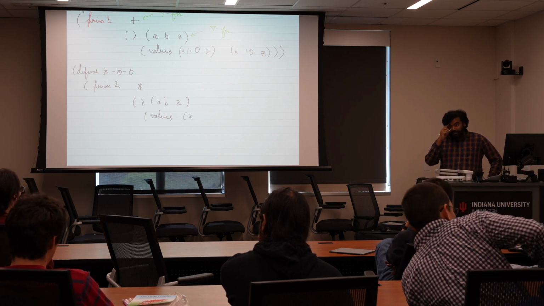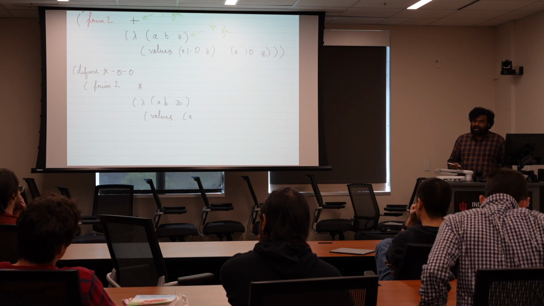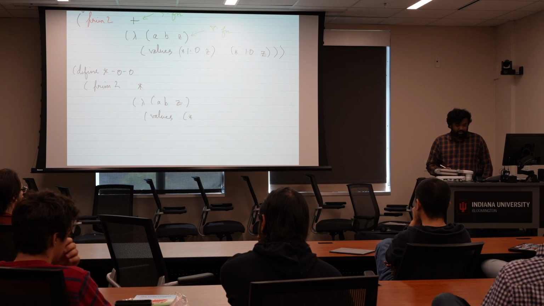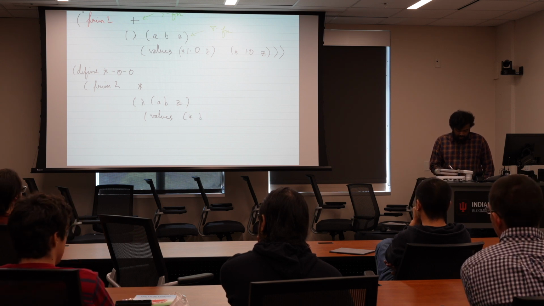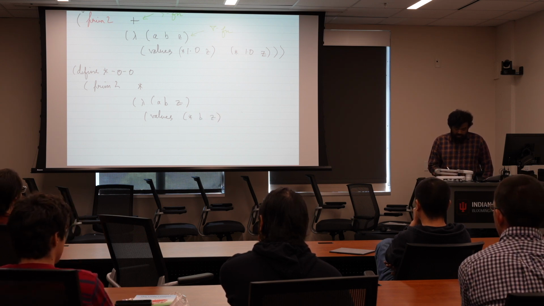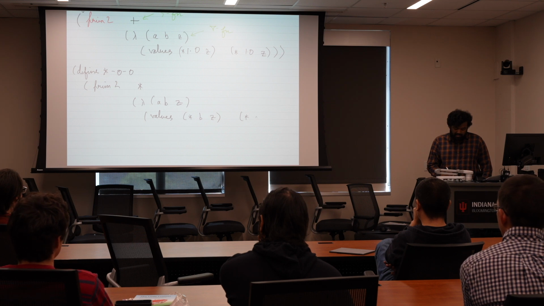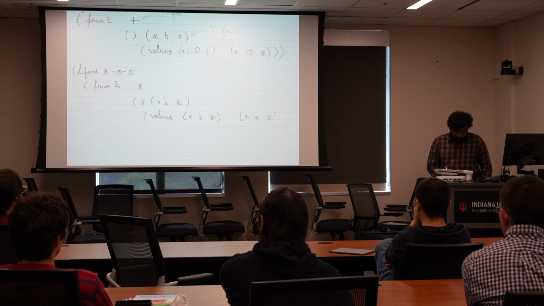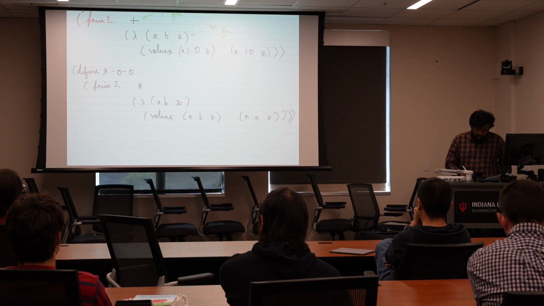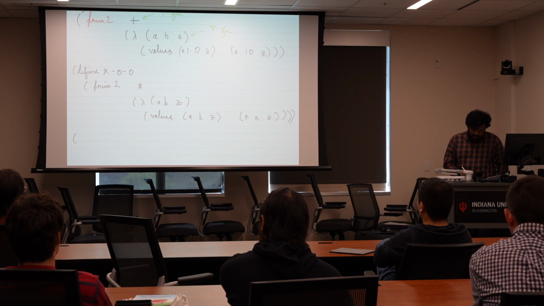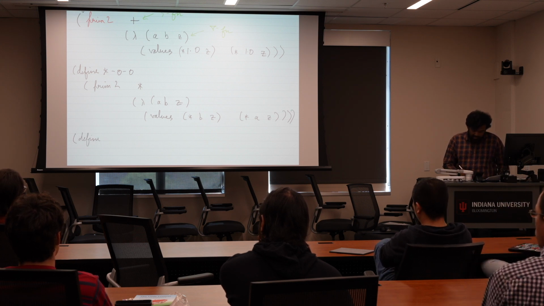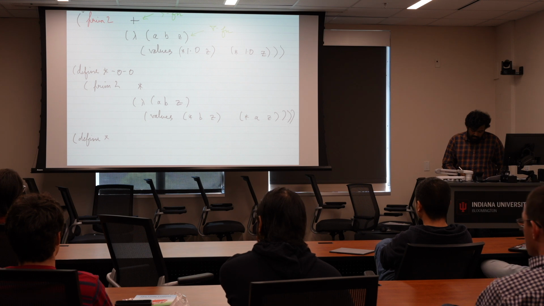A times b, the derivative of that with respect to a would just be b because b is a constant. So this will be b times z, and for the other side it will be a times z. And for unary functions like square root, we have another function called prim1.